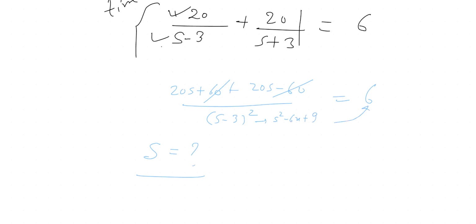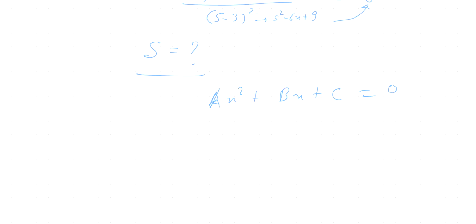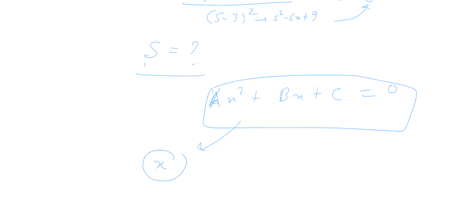You end up getting something of the format ax square plus bx plus c is equal to 0. In this case, your s is the variable x. So this will come out as some constant times s square plus bx plus c, because speed was the variable. But this ax square plus bx plus c is the standard form of a quadratic.